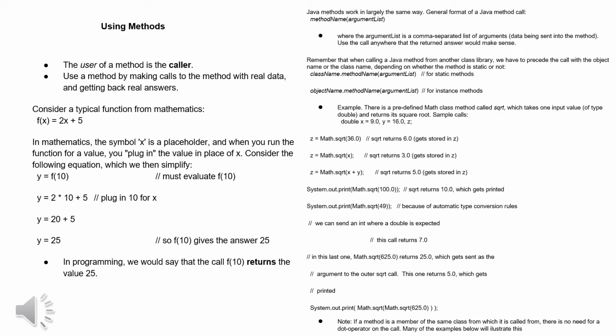So as an output, the user will see 10 in the console. Or System.out.print(Math.sqrt(49)). So sqrt of 49 is 7, so 7 will be printed in the output. So these are some very simple examples for methods that you can try yourself to see the actual results.